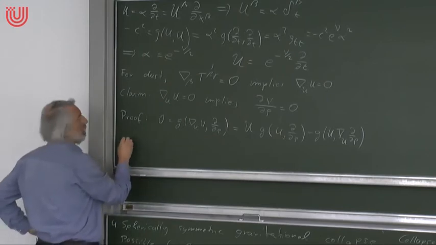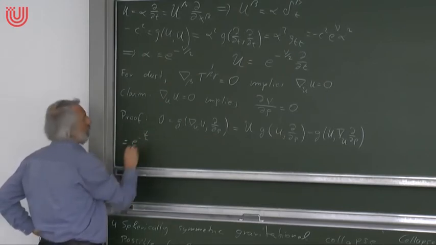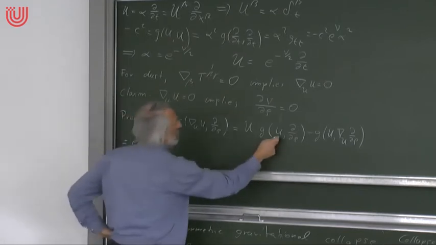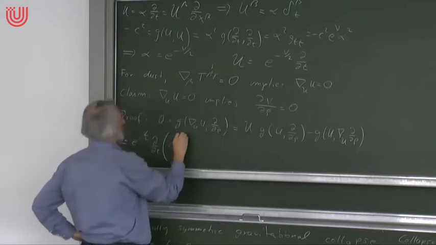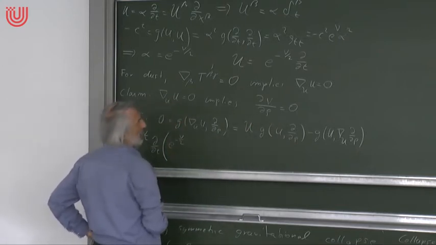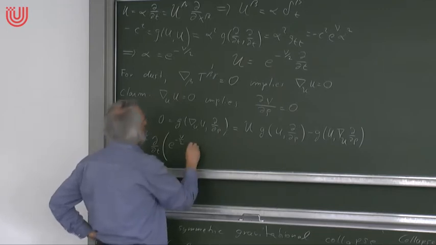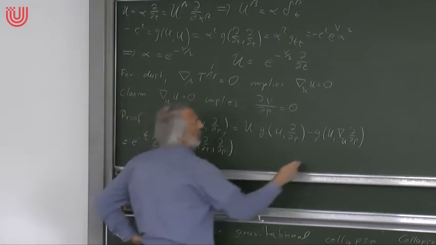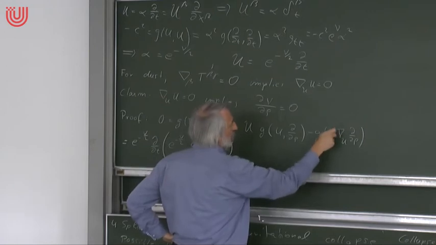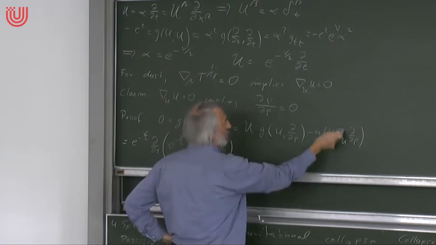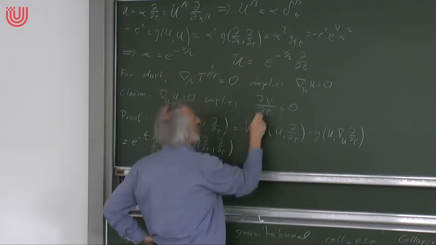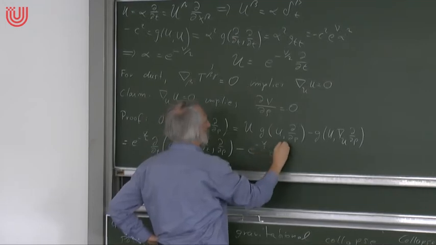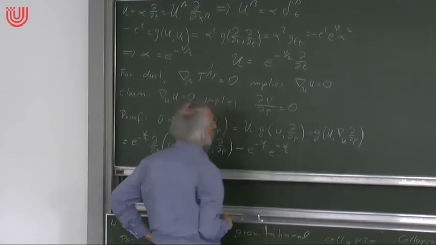So u is e to the minus mu half d by dt. And here I can take the e to the minus mu half out of the bracket. Then I have g of d by dt, d by d rho. And the covariant derivative is linear in this entry, so I can take the factor e to the minus mu half out of both terms, so that you see I pulled it out of both expressions.